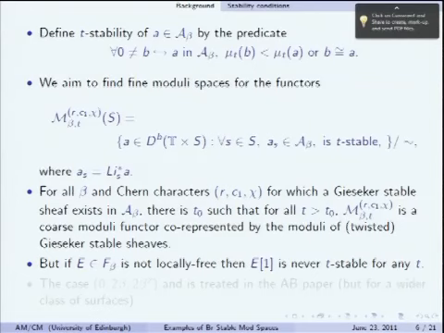So if E is torsion-free whose mu plus is less than beta, and it happens not to be actually locally free, if it's properly torsion-free, then notice that E is not actually in A because the way the tilt works is that F goes in position -1. So if I shift it by 1, this is now in A beta, but it's never T stable.